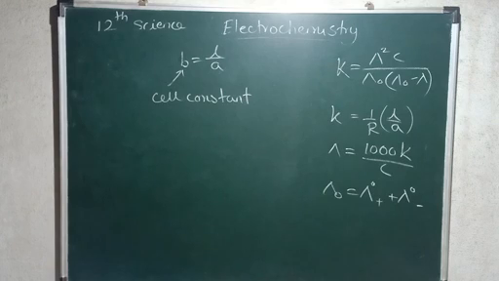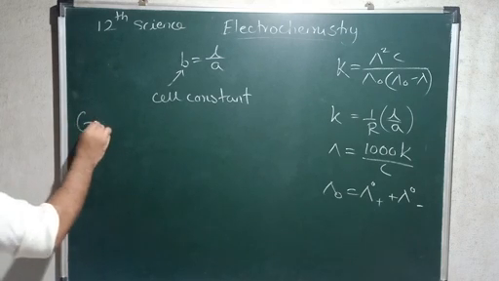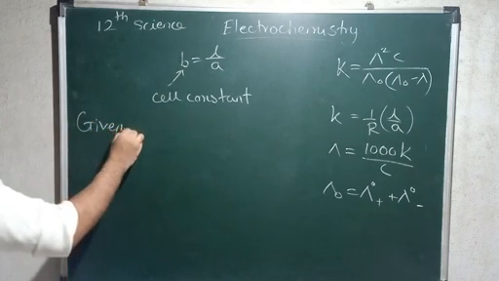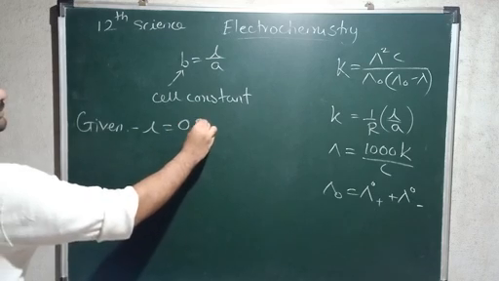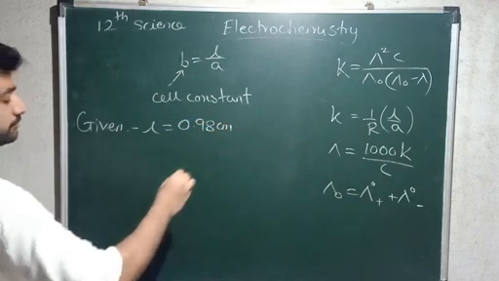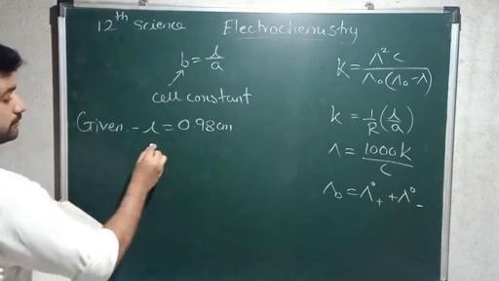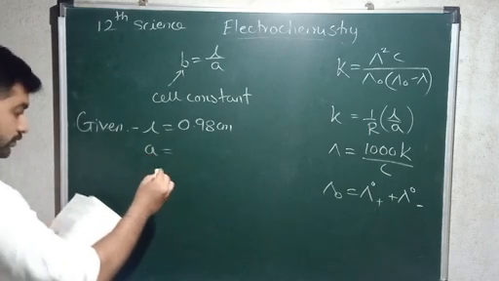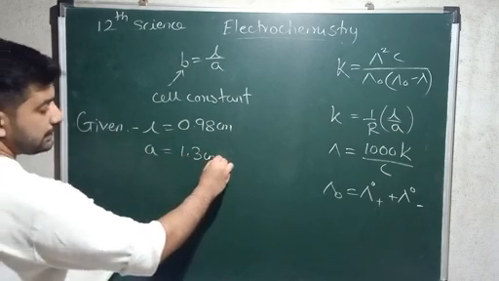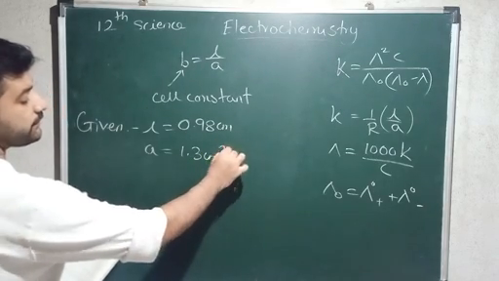So first we write down the given: the distance between the electrodes is given, that means L is 0.98 centimeter. Area A is equal to 1.3 centimeter square.